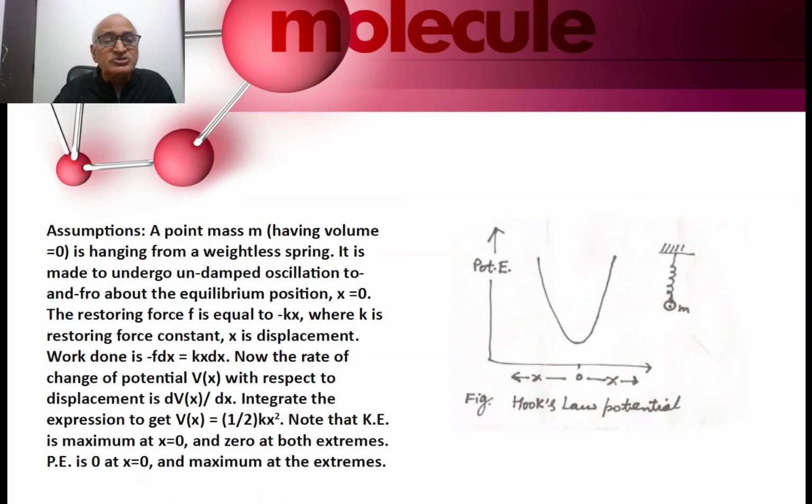Now the rate of change of potential V with respect to displacement is given by dV by dx. Now we can obtain the potential as a function of x equal to 1 by 2 kx square, by simple integration of the above expression. Note that the potential is half of kx square.